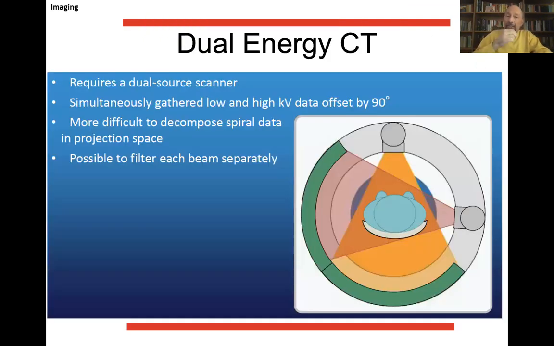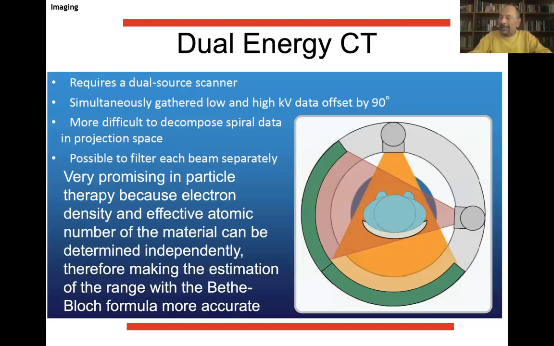Finally, dual energy CT. We have already seen dual energy radiography. For dual energy CT, you can simultaneously gather data from low and high kilovolt. This is particularly interesting for particle therapy, because you remember that one problem was the range uncertainty, and there the problem is the conversion of the Hounsfield units into water equivalent path lengths.